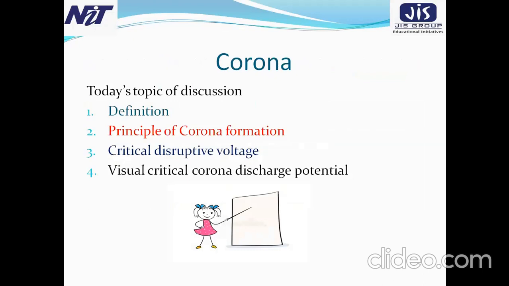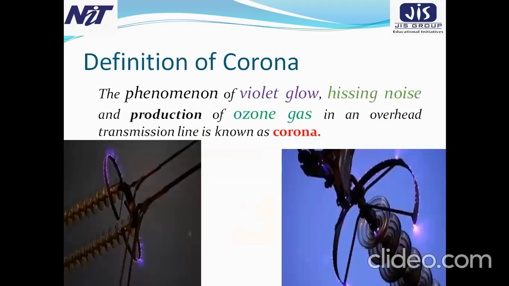Let's talk about the definition of corona first. The definition of corona is very simple. We have to remember only 3 important points for this definition. Corona is nothing but a phenomenon of violet glow, hissing noise, and production of ozone gas in an overhead transmission line.